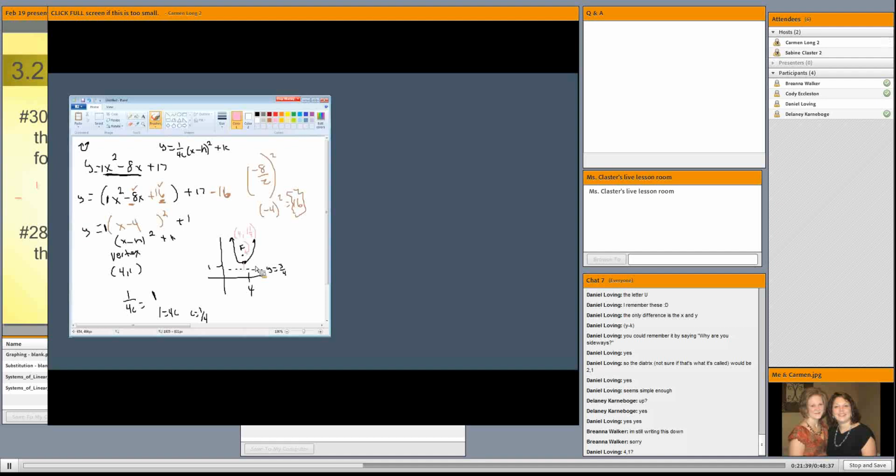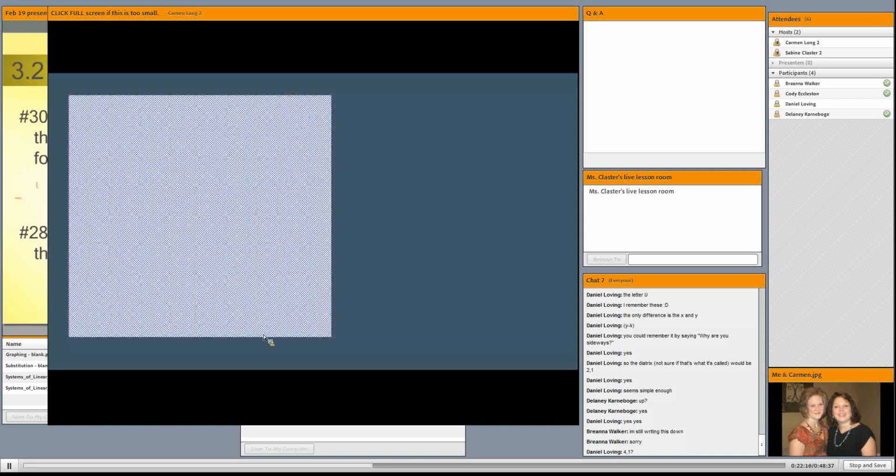All right, so our focus is 4, 1/4, and our directrix. Writing it down, and I'll wait just a second and field those questions. Let me put that back up there.